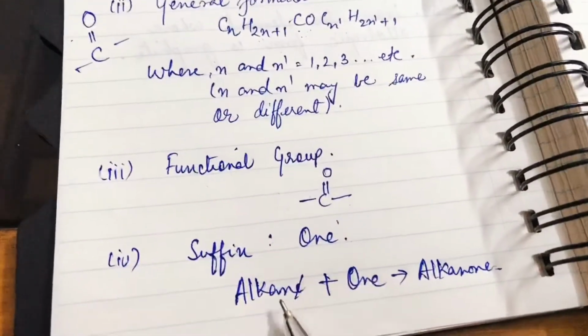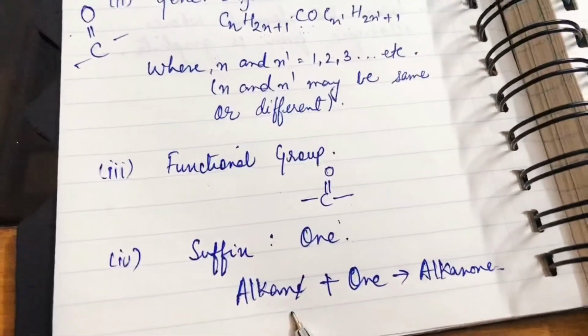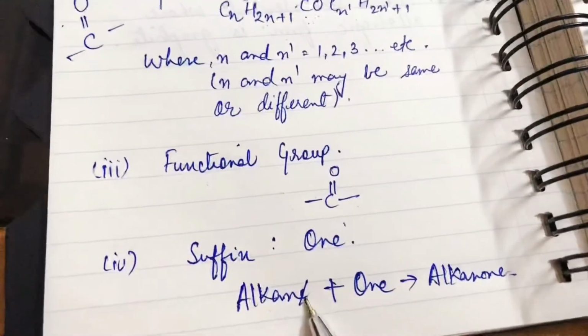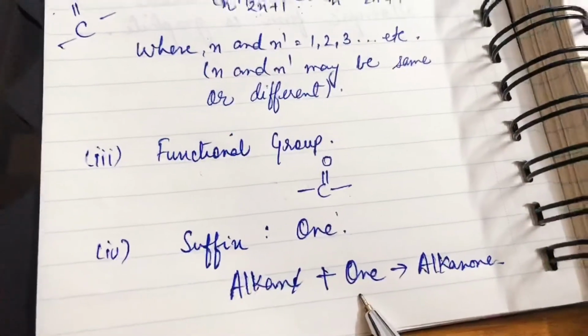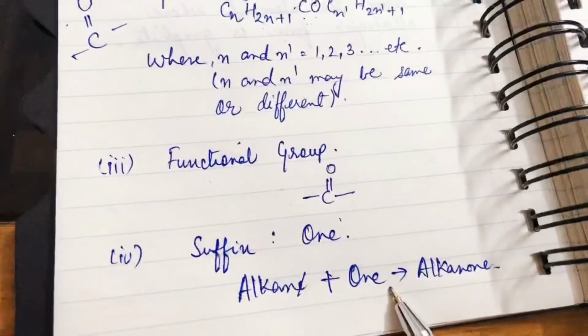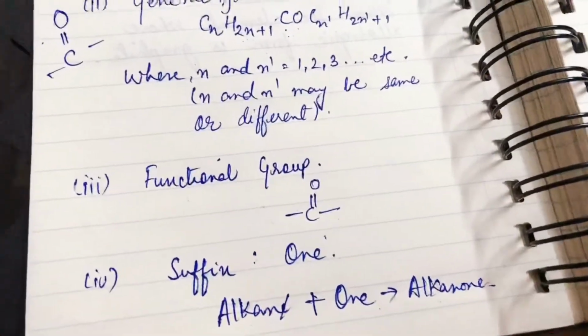Let's say for example we're writing some alkane, and I'm cutting this e portion, and after removing this e what will I add? -one. It's not -ol, it's -one, O-N-E. So we will not pronounce it as one, we will pronounce it as 'on', and it will become alkanone.